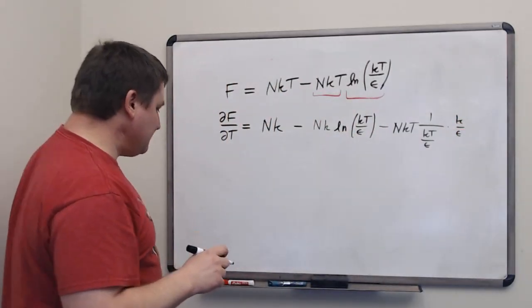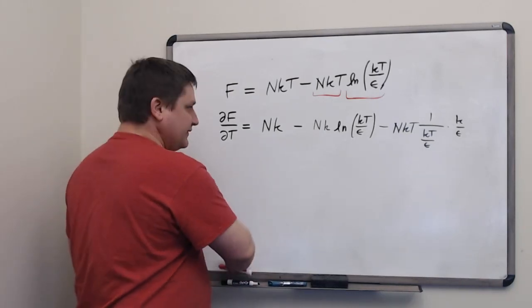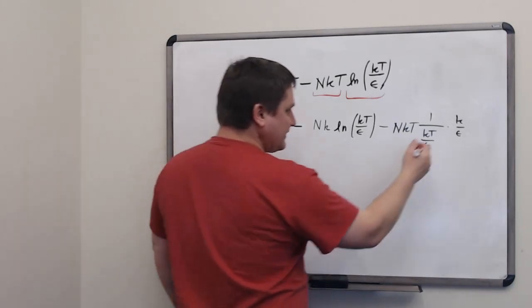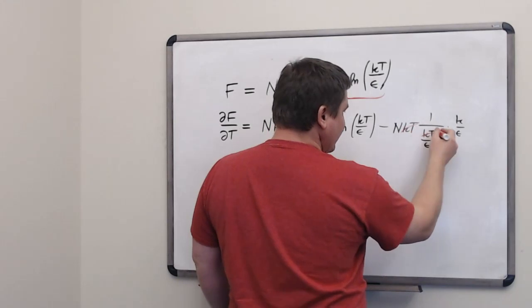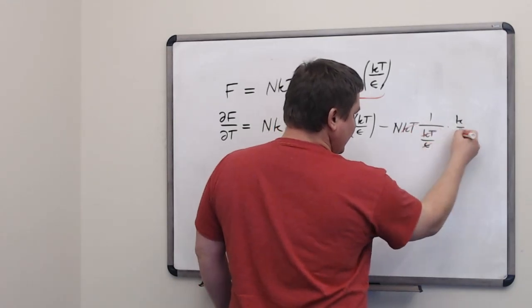So then when you simplify this, you're going to see a lot of this stuff over here, right? A kT there, a kT there, an epsilon there.